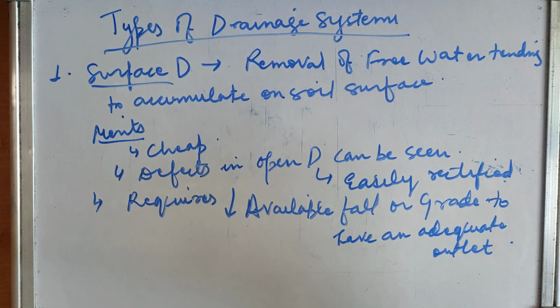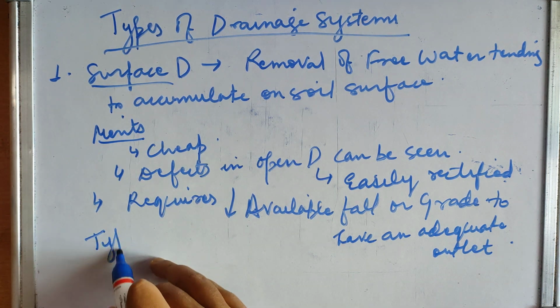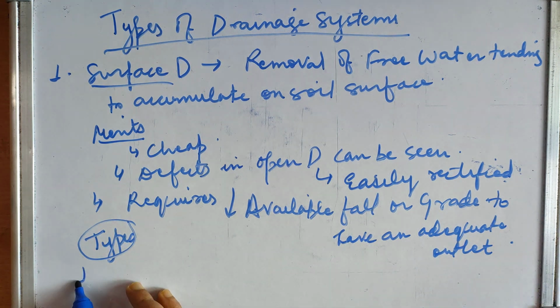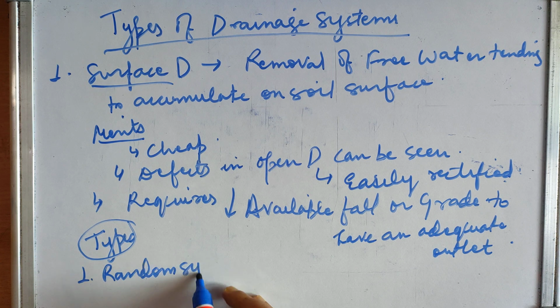Now moving on, what are the types of surface drainage? The first type is the random system.